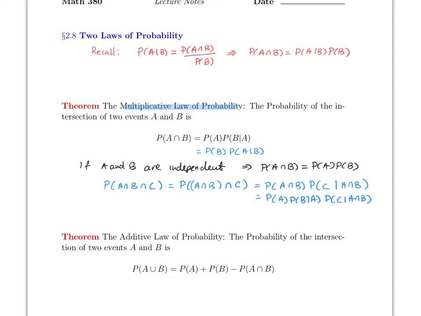Now, if things were independent, then life is a lot easier, because then this is just equal to the probability of A times the probability of B times the probability of C. So life is much easier when the events are independent.